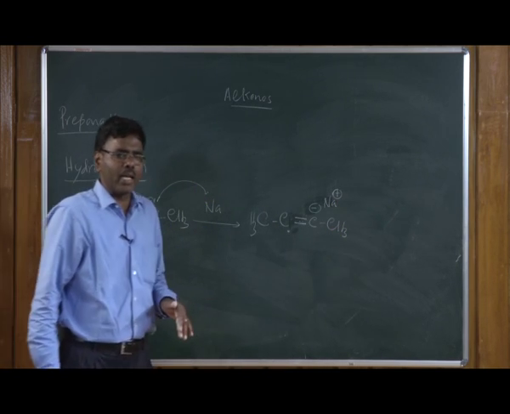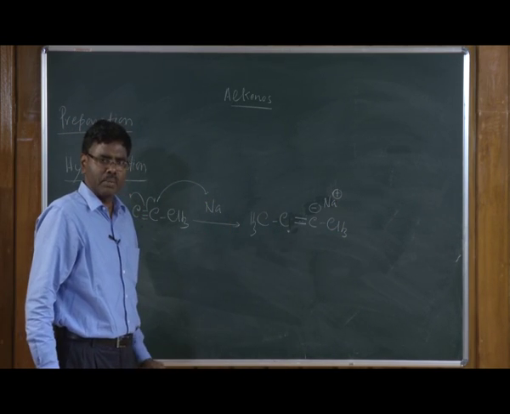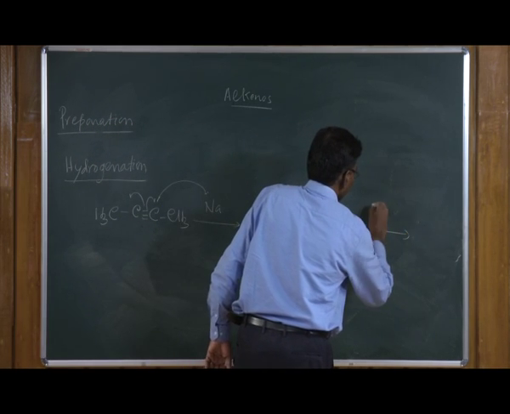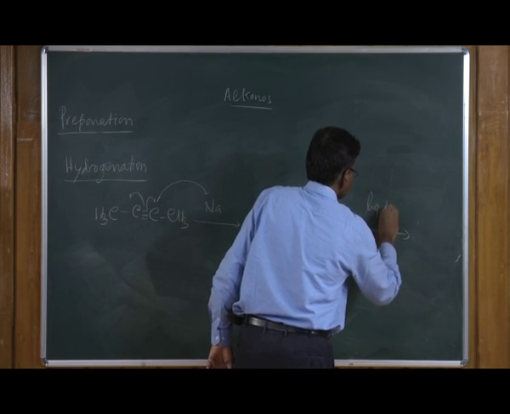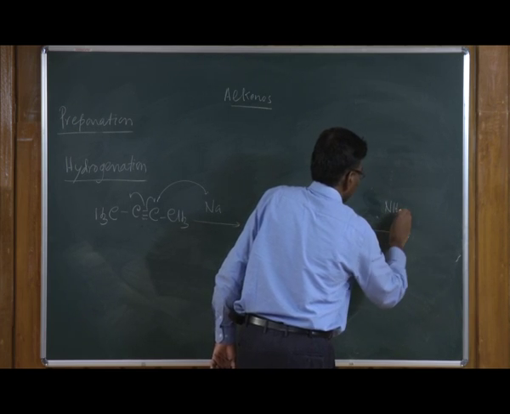When sodium gives one electron to the alkyne, you generate this intermediate. Once you have the radical anion, it can react with liquid ammonia. It can remove the proton from the ammonia.